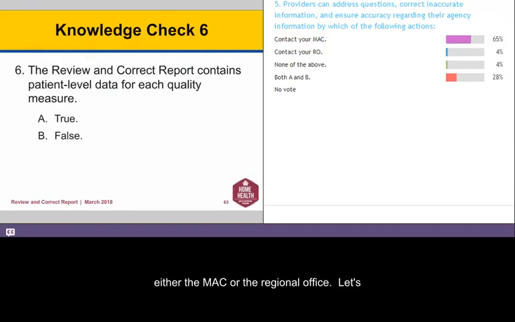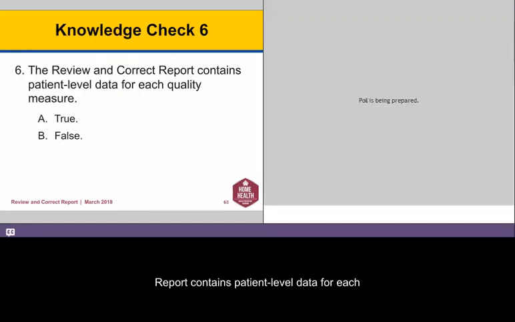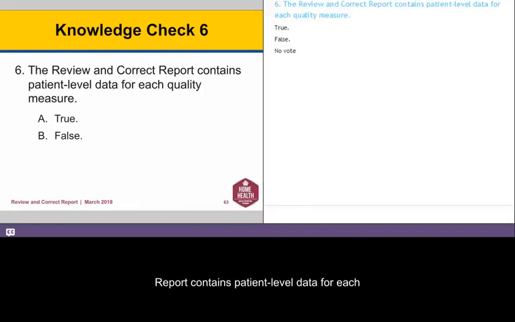Let's move to question 6. The Review and Correct report contains patient-level data for each quality measure. Is that true or false? Excuse me, we just wanted to remind participants they can take their mouse and click on the circle to the left of their response on the screen, and it will register their response.